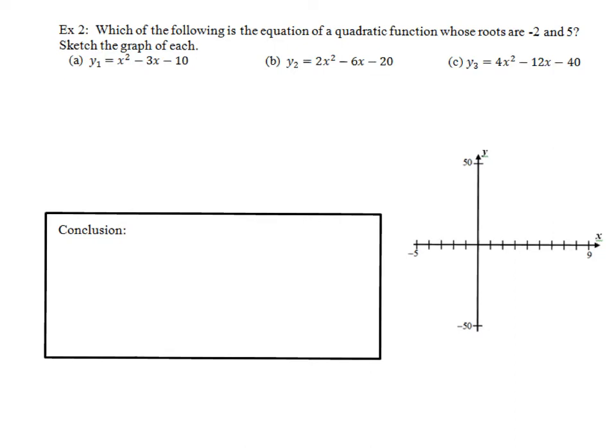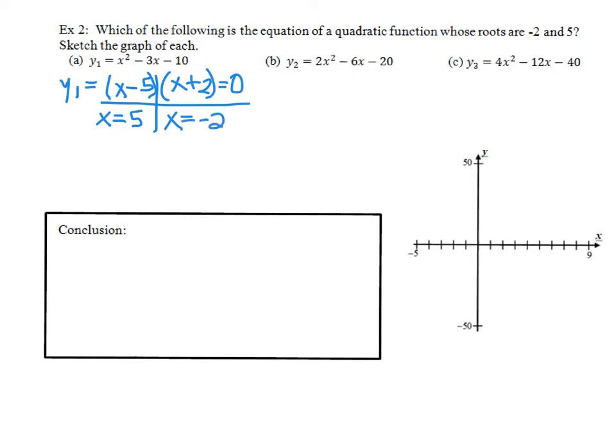So y1 can be factored as, let's see here, x squared minus 3x minus 10. I'm going to factor that as x minus 5 times x plus 2. Now if I set those factors equal to 0 using my zero product property, I do get that the roots are x equals 5 and x equals -2.